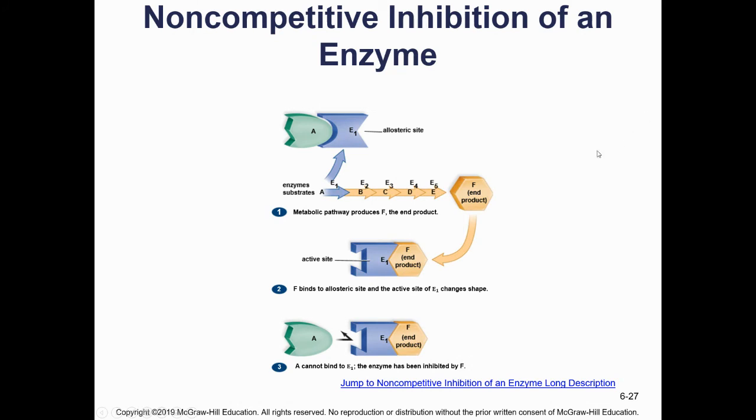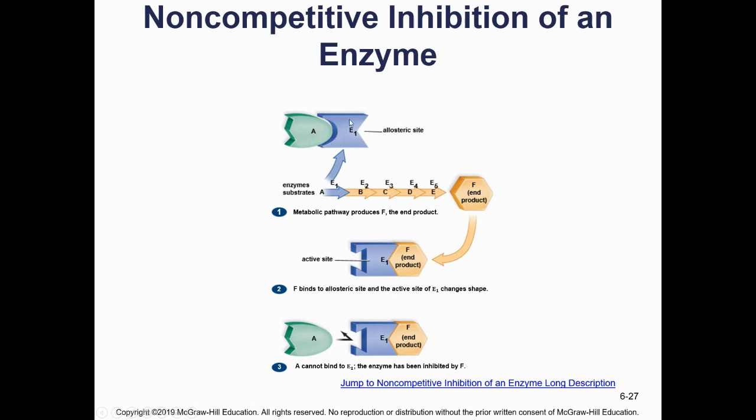Non-competitive inhibition is when I have a product that binds to a different site. A lot of times with non-competitive inhibition, the end product of the complete metabolic pathway is a specific shape for a different site on the enzyme, not the active site, but the allosteric site. Allosteric means far away.